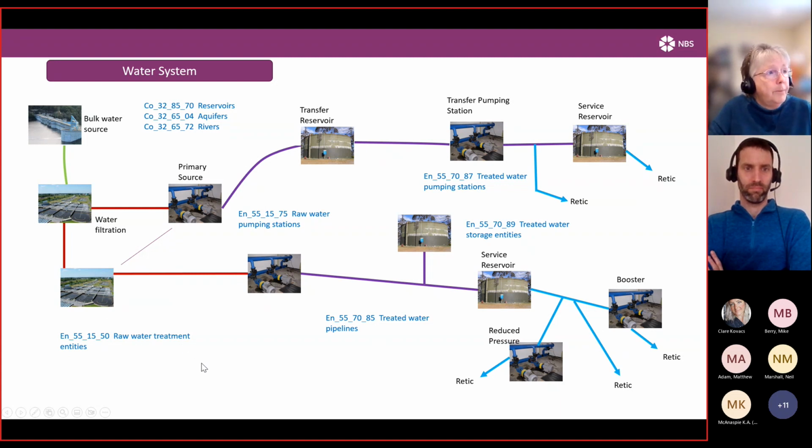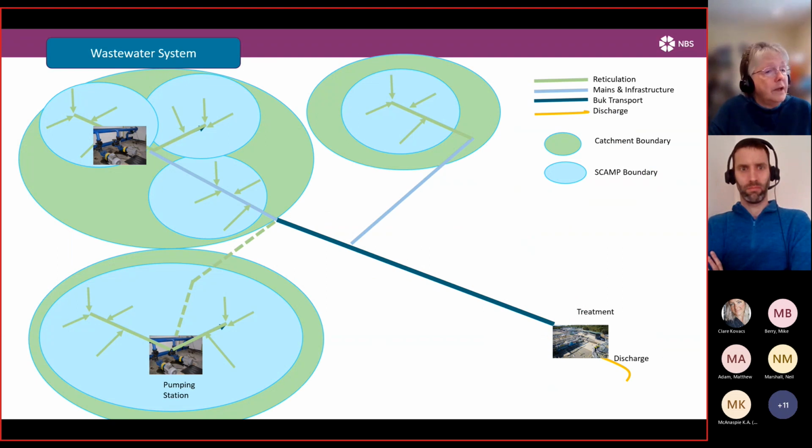So you can build up a picture by taking a very basic look at your installations and just working through them using whatever is the most appropriate, considering what your installation is. A similar sort of thing here that they produce just for wastewater, and there you've got wastewater collection pipelines, wastewater collection pumping stations, and then wastewater treatment entities.